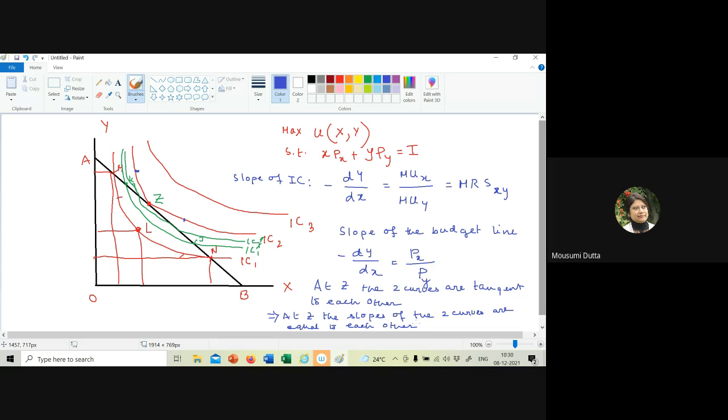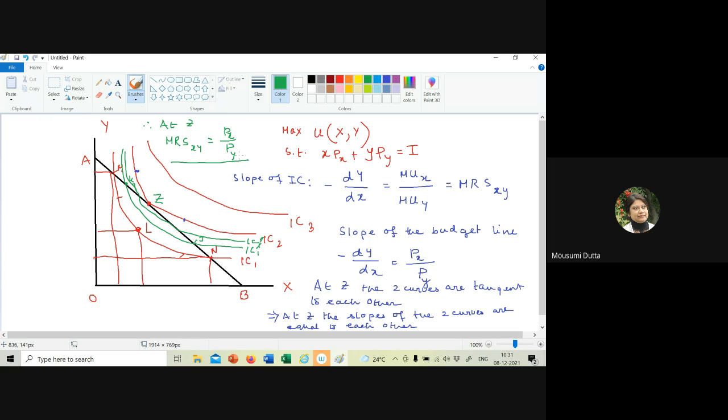This finally indicates that at Z, MRS XY is equal to Px by Py.